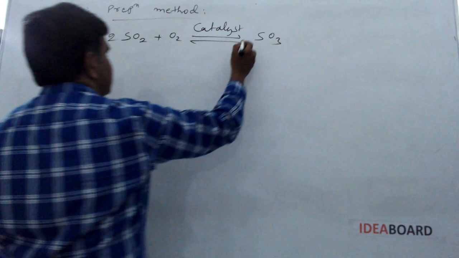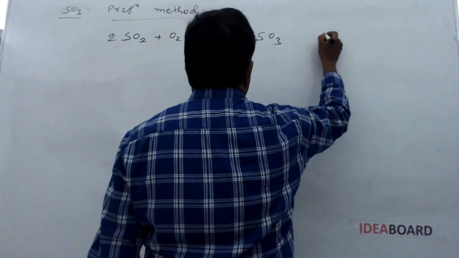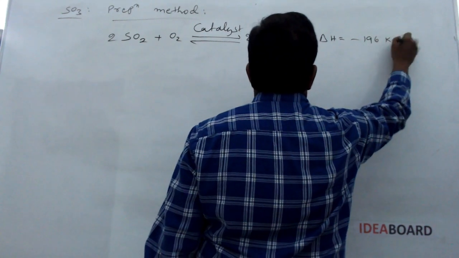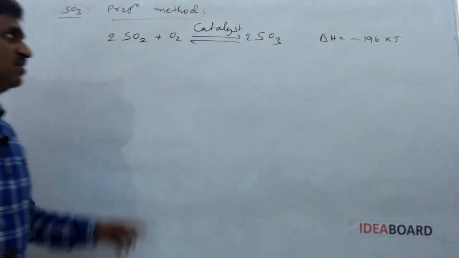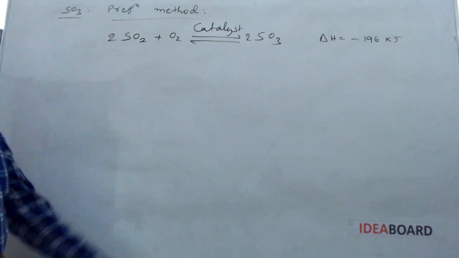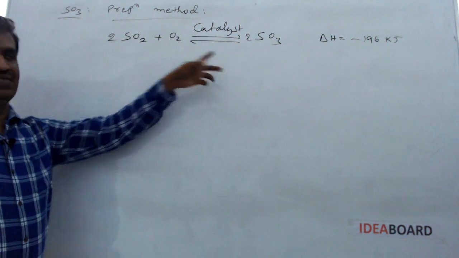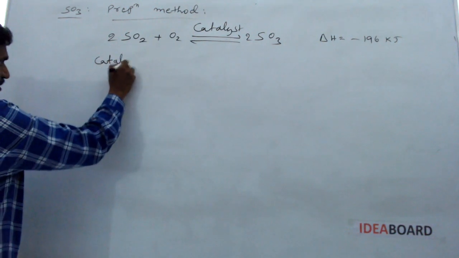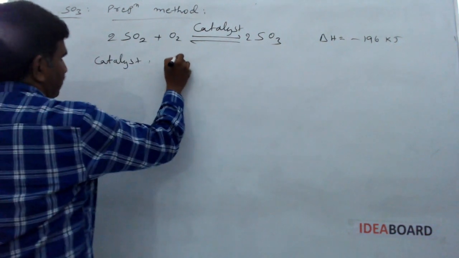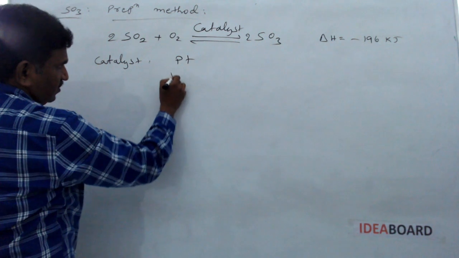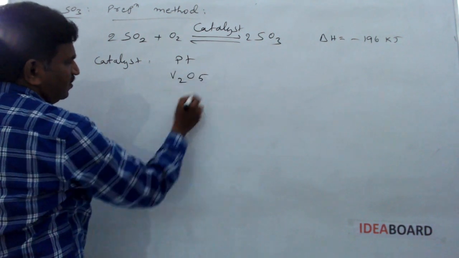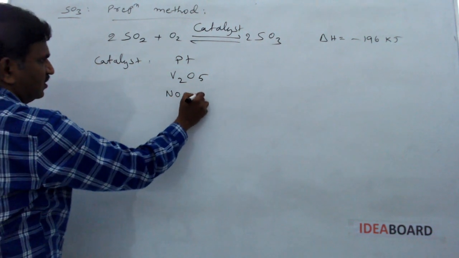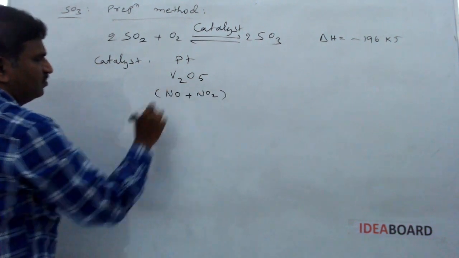Here 2SO2 gives 2SO3 and delta H is equal to minus 196 kilojoules. That indicates the reaction is an exothermic process and this reaction is reversible, and the catalyst used in this process is platinized asbestos or vanadium pentoxide, or we can use nitrogen oxides mixture, NO2 mixture.